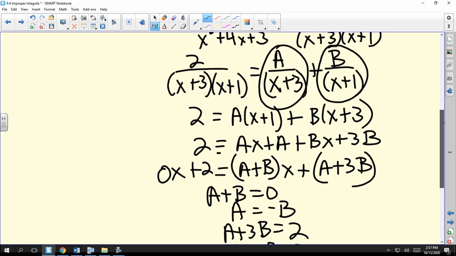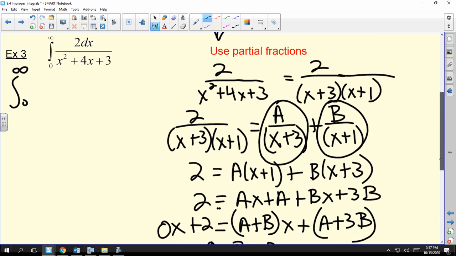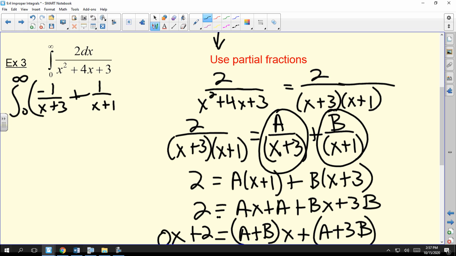I don't need to go through that process again. So this is equivalent to the integral from 0 to infinity of, with a equals negative 1 and b equals 1, negative 1 over x plus 3 plus 1 over x plus 1 dx.